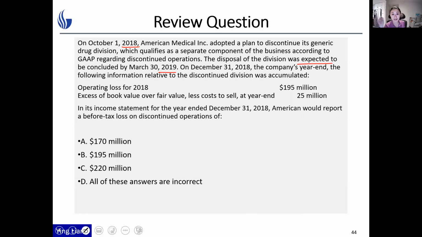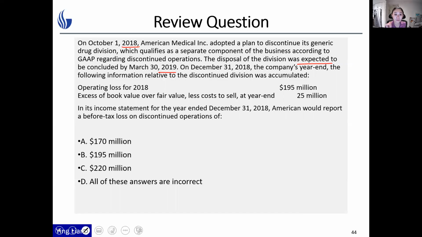So it's going to be the next year. On December the 1st, 2018, so in 2018, this is held for sale, right? We need to compare whether there's going to be an impairment loss. The following information is related to the discontinued division.